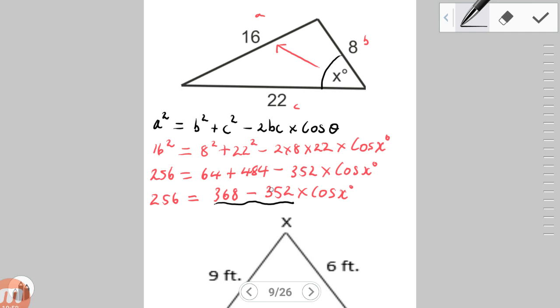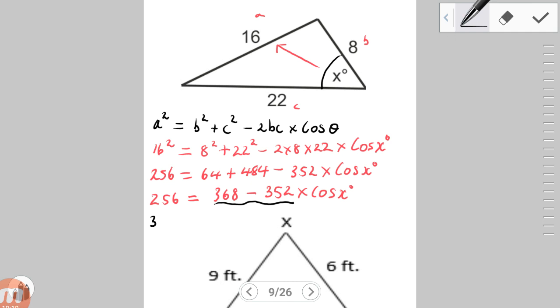Because as you can see here, the 352 is what we usually see married to the cos x degrees. So therefore, we have to transpose because we need our cosine of the angle to remain positive. We need a positive variable. So we're going to be transposing here.